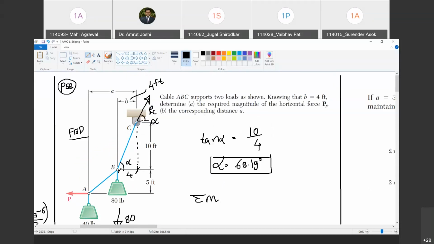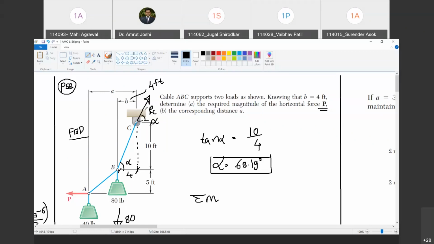We need to find out force P and distance A. Now how many unknowns are there? Total number of unknowns, how many? So 2. P and A, these are the two unknowns.